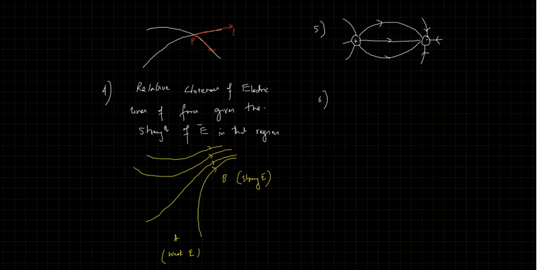Number 6 property. Look at this case. If I take two like charges, the lines are like this way. Similarly here and here. Both being positive, if you try to bring them close, as we know, two electric field lines can never intersect each other.